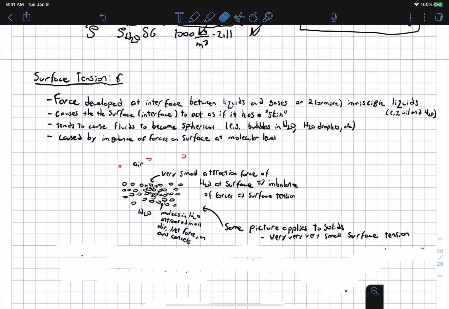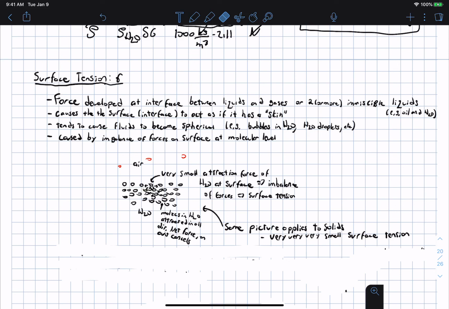And the same picture also applies to solids. Solids actually have a very, very small surface tension. But there is a surface tension. It's just that its effect, you don't even need to consider it in any realistic calculation for anything that you would pretty much ever do.